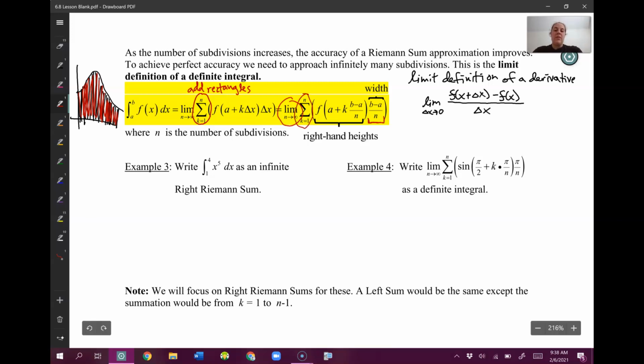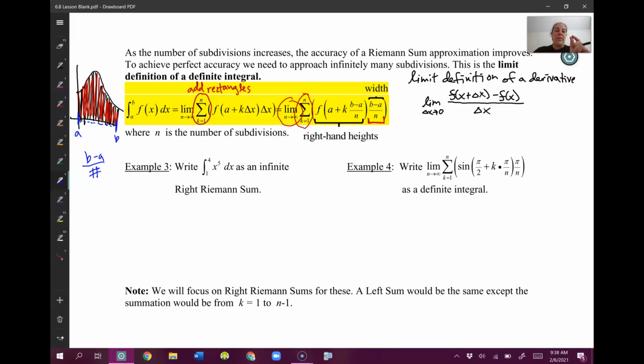This is the width of your rectangle. Remember, this B is your upper limit, A is your lower limit. So you're basically saying this is B, this is A, and to get the width of each of these, I do B minus A and divide by how many rectangles I have. That's that N, how many rectangles I have.